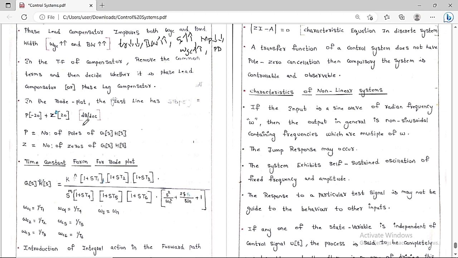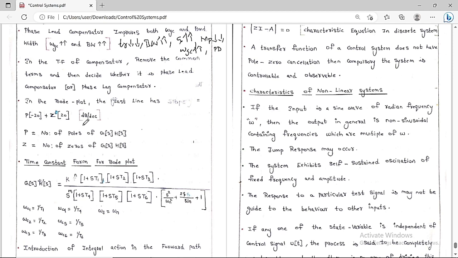Suppose they give some transfer function and they ask what is the type of this compensator, then you have to factorize numerator and denominator, remove the common terms, and then based on the new transfer function that we get, figure out what type of compensator it is.